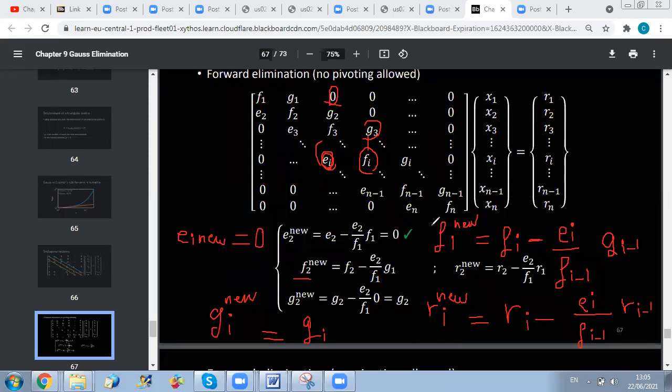When you want to update Fi at any location, Fi will be Fi old minus Ei over Fi minus 1 times Gi minus 1, while Gi will remain the same. And concerning Ri new, it will be equal to Ri old minus the factor, which is Ei over Fi minus 1 times Ri minus 1.